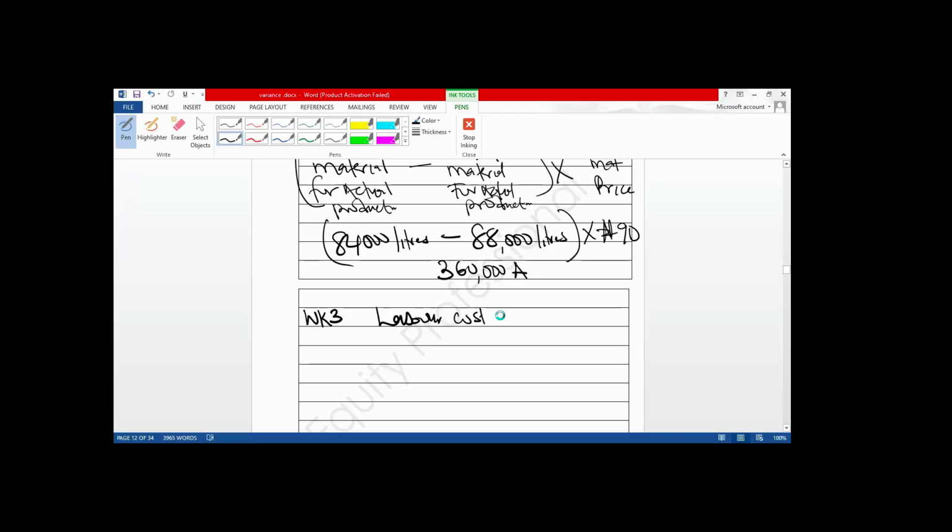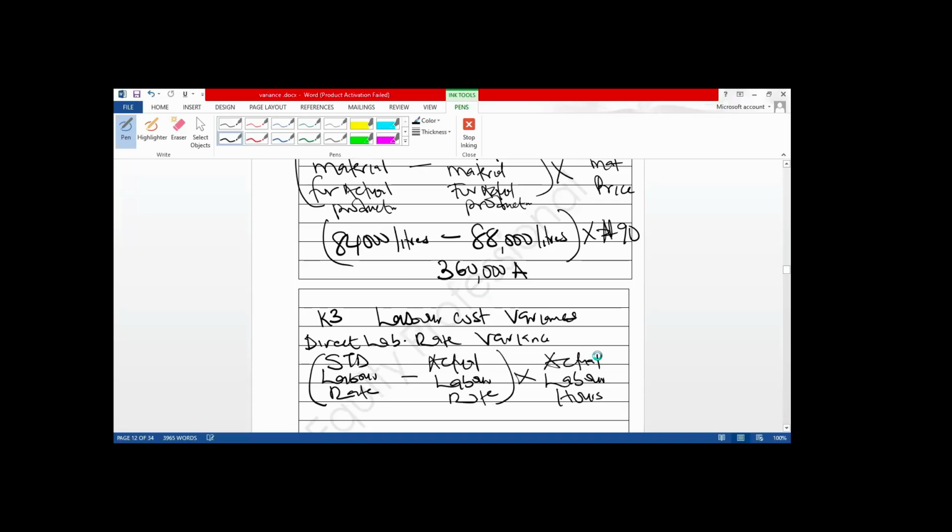That means the formula for labor rates: they will get the difference, multiply by actual labor hours.